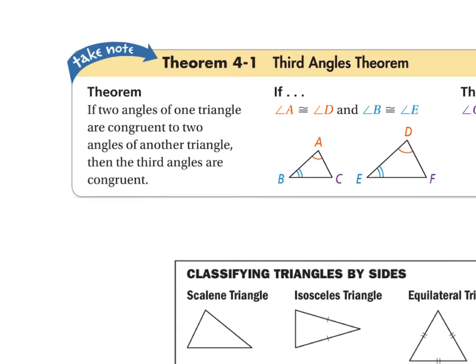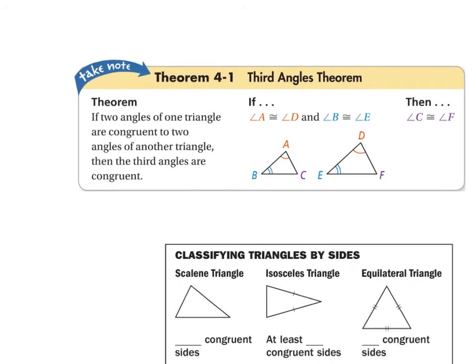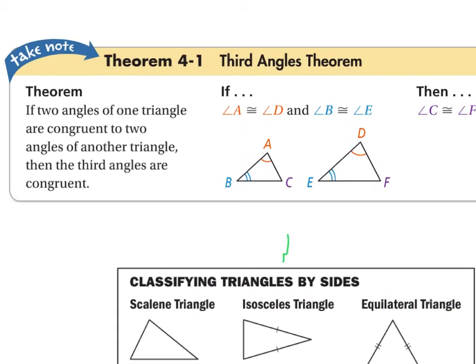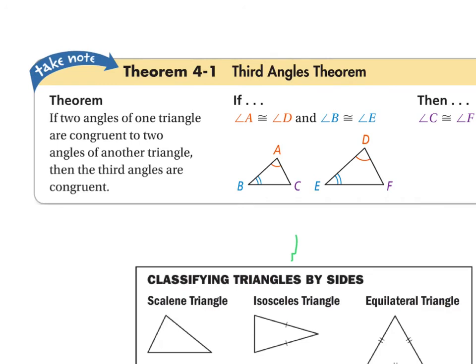Okay, third angles theorem. You are going to use this quite a bit. It's called third angles theorem. Okay, try it again. If 2 angles of one triangle are congruent to 2 angles of another triangle, then the third angles are also congruent.